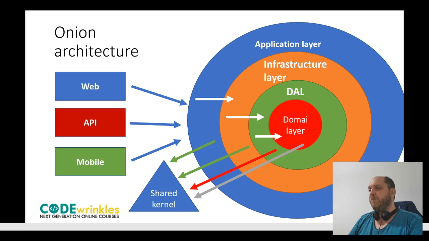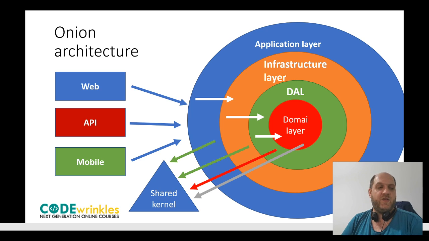If you constantly read what Jimmy Bogard writes and talks about at conferences, it's this type of onion architecture that he came up with. I think it's already a few years back. He changed it a lot; in the meantime, he calls it vertical slice architecture. But generally, what I wanted to point out here is how we will define our folder structure in Visual Studio, and we'll follow this type of onion architecture.